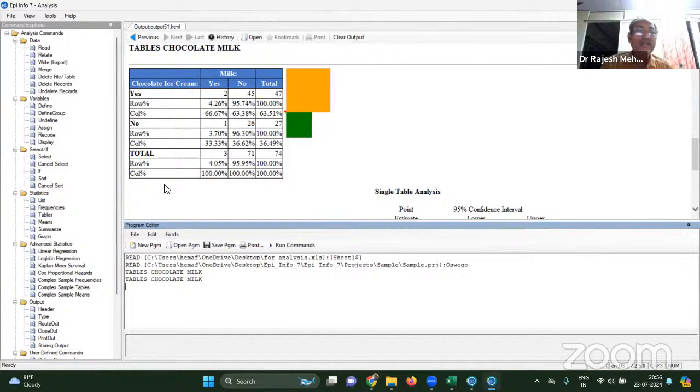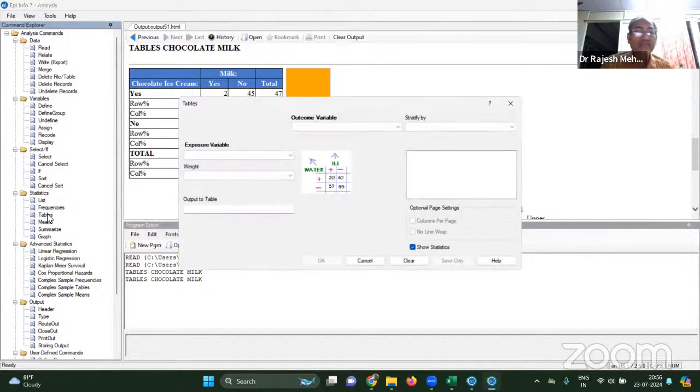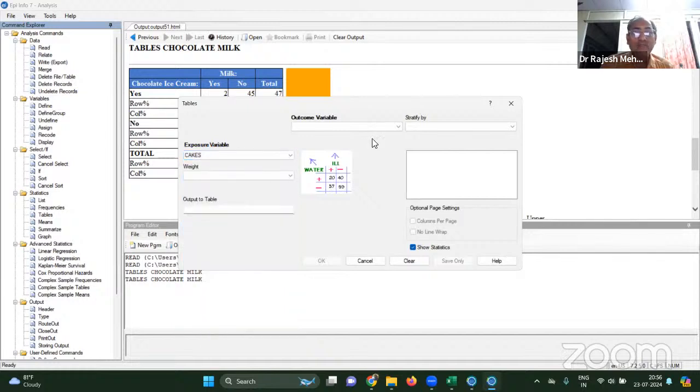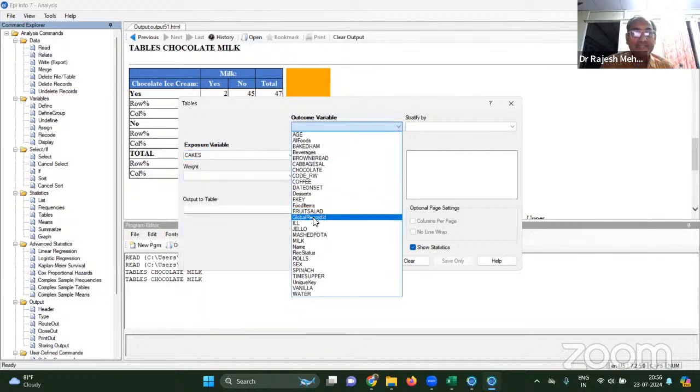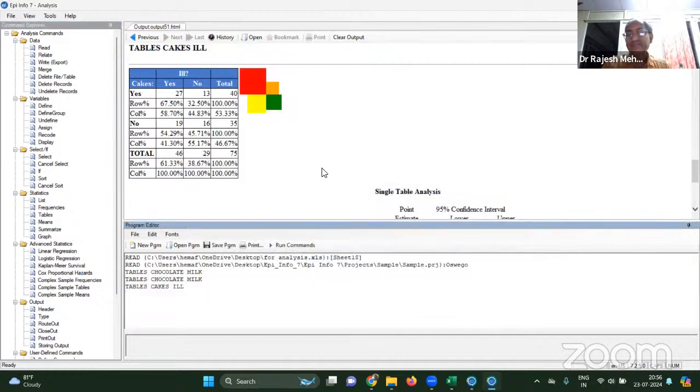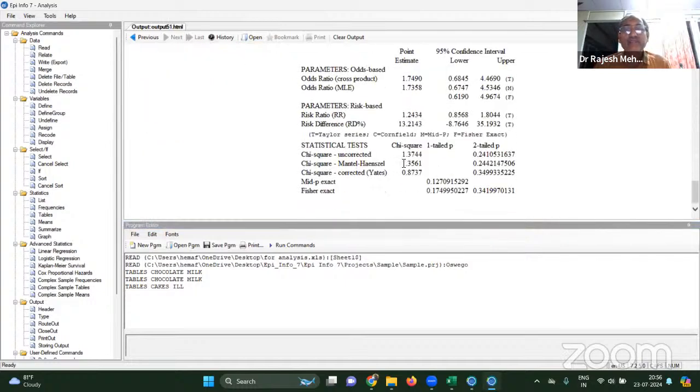Use the command tables where you can find out proportion, for example, cakes versus illness. But when you use the command here, automatically you will get the p value, right?